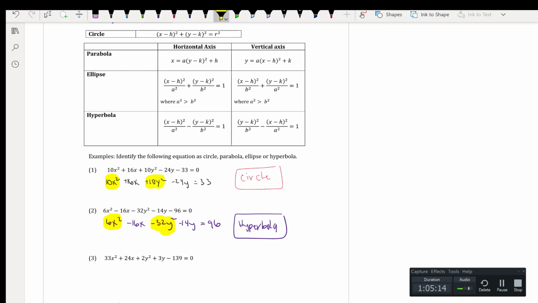Well, I know that because I'm looking at this 33x squared and this positive 2y squared, that they're both positive, so it cannot be a hyperbola. I also know that it can't be a parabola because both of them are squared. So it's either a circle or an ellipse. Now with the circle, the leading coefficients on the x squared and the y squared would be the same. Because they're not the same, it tells me that I have an ellipse.